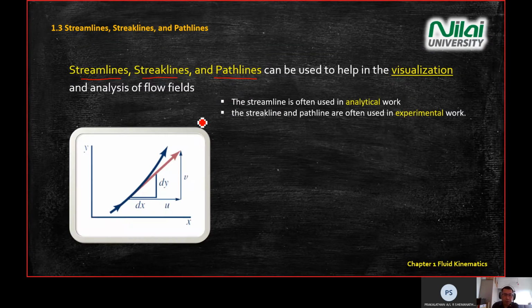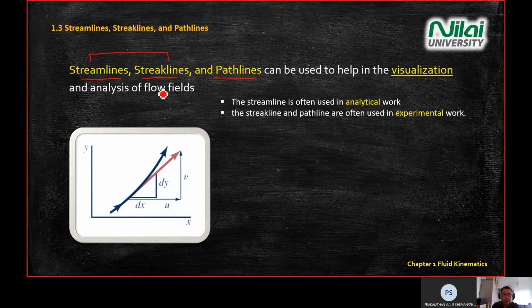I'm going to give you the application of these three types of lines. If you want to do mathematical analysis or just calculation, streaklines and streamlines are often used for analytical work.